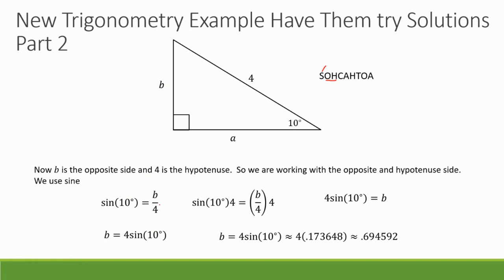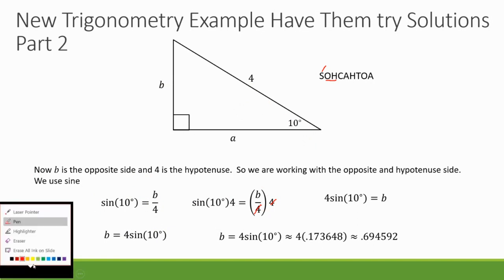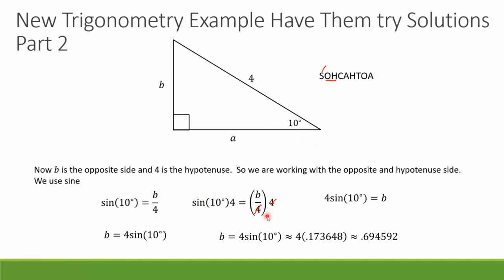So let's multiply both sides by 4. By doing that, we get B all alone on one side of the equal sign, because we cancel off the 4's. So we have sine of 10 degrees times 4 equals B.